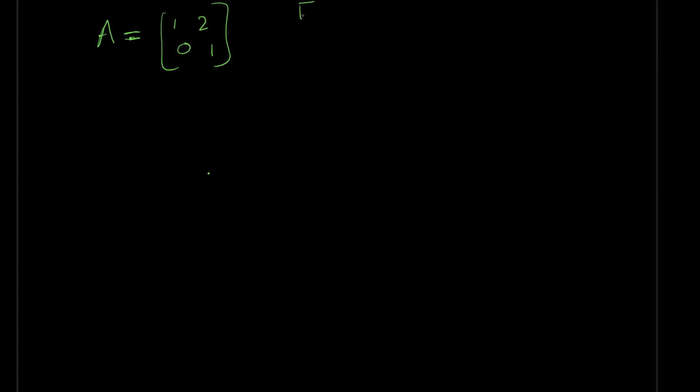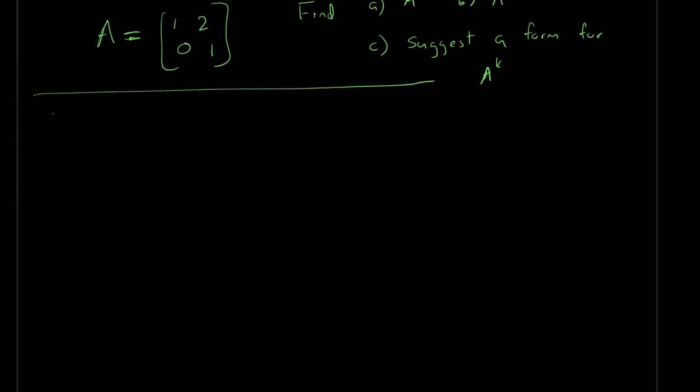So the question is, find part A, A squared, part B, A cubed, part C, suggest a form for A raised to k. Okay, now let's have a look at this. So this is the problem. Now solution.